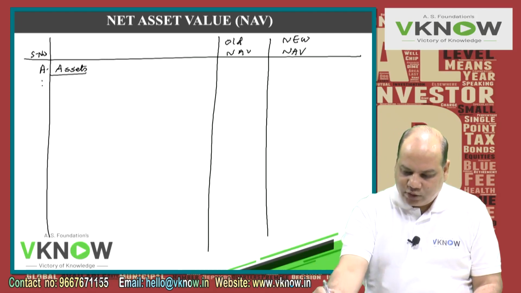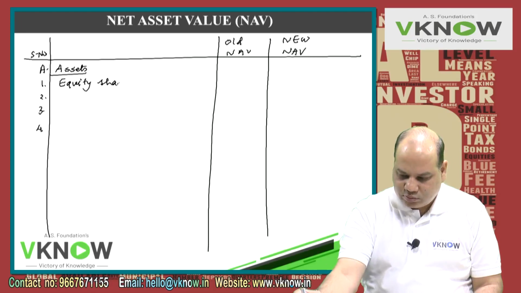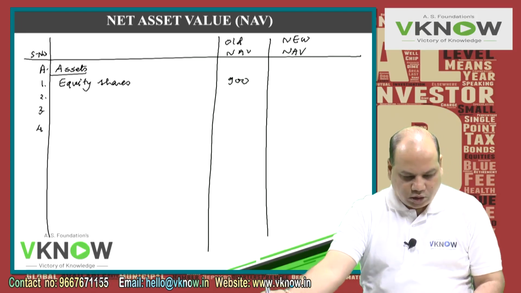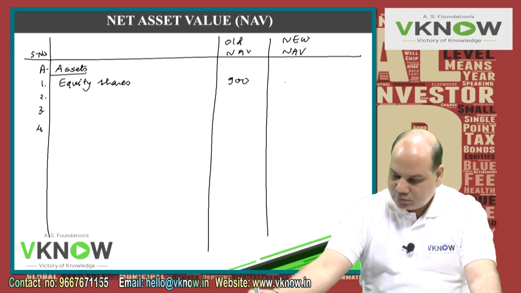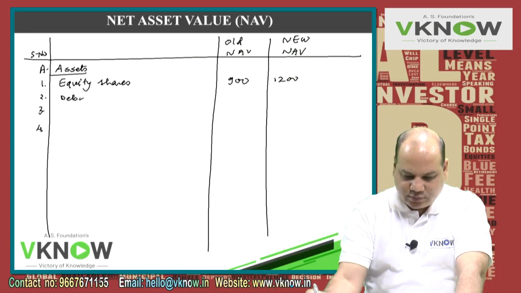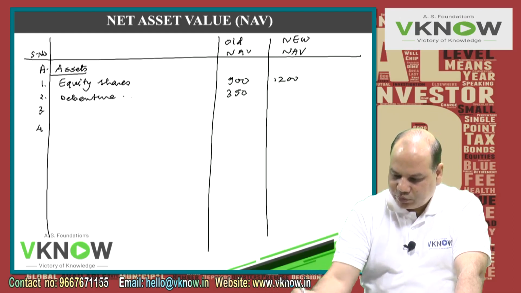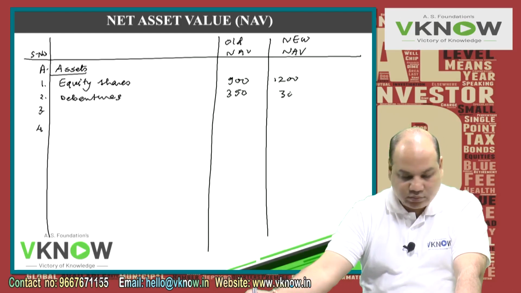So asset side we have 4 items. Equity shares 900 and the market value after the change has become 1200. Debentures, earlier it was 350, now it has become 300.